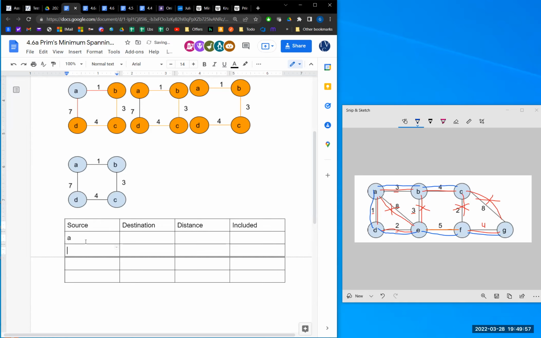So we have A, B, C, and D. All right, so we started at D. D is included. All right, so starting at D. This is our initial state. Whatever distance 0 does not much apply.